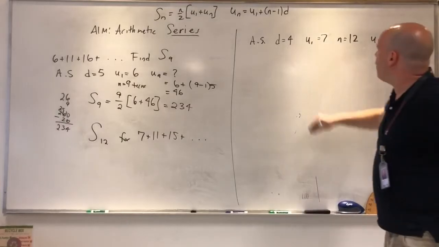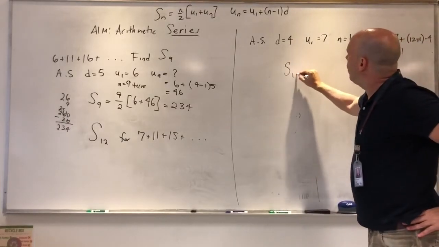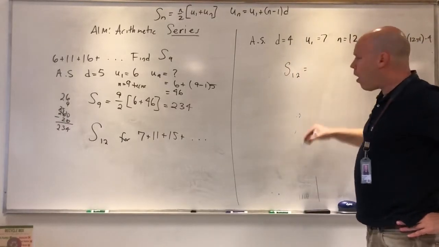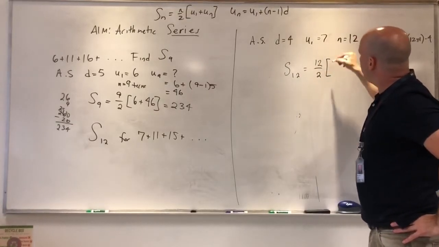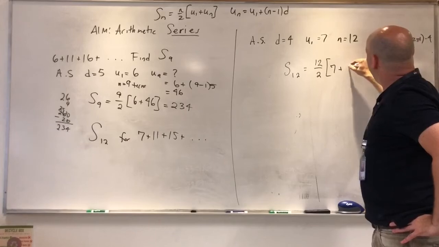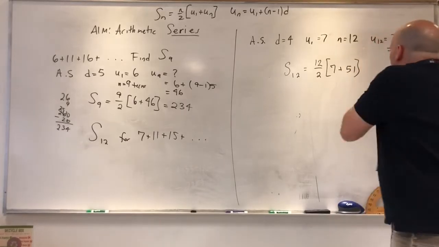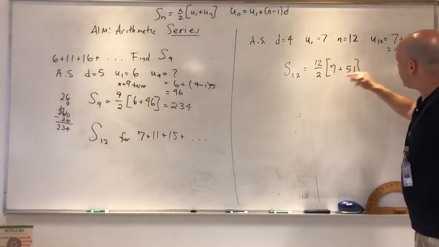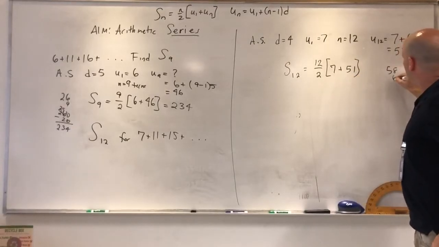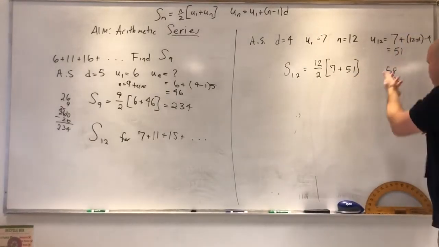Use the formula. S of 12 is 12 over 2 times 7 plus 51. Let's see, 58 times 6. You can use a calculator; I'm going to do it by hand.